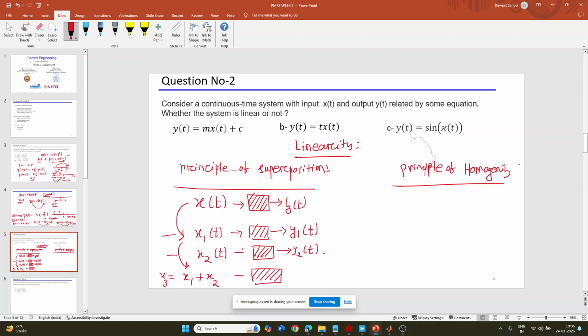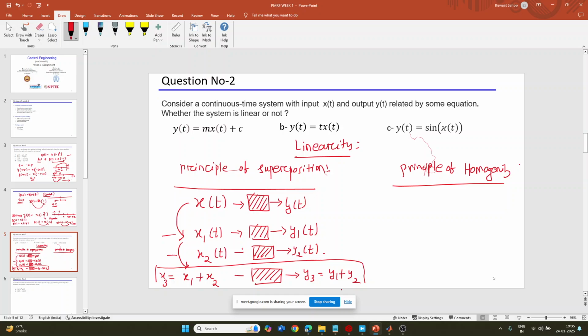If you get an output y3 based on this input x3 as y1 plus y2, then this equation is satisfied, and the superposition principle is satisfied. If the superposition principle is satisfied, you don't conclude that the system is linear. You also have to satisfy the homogeneity principle.